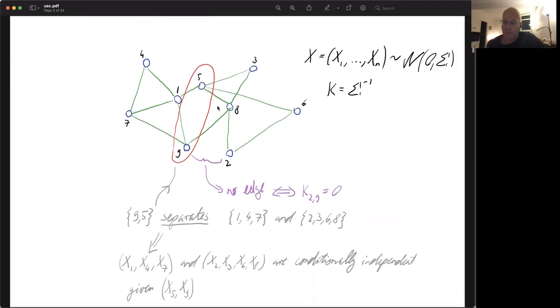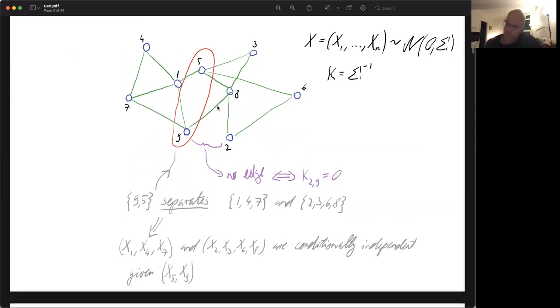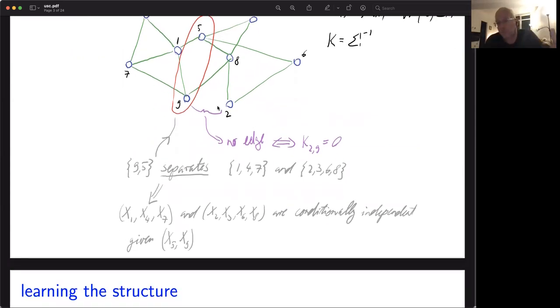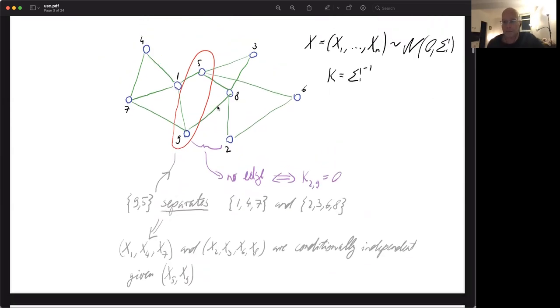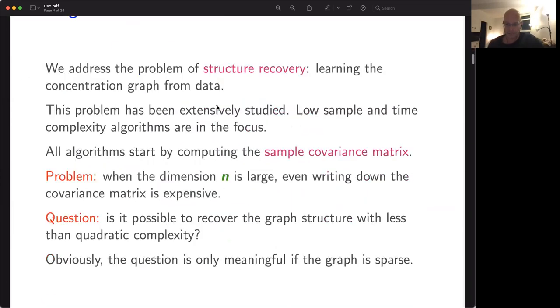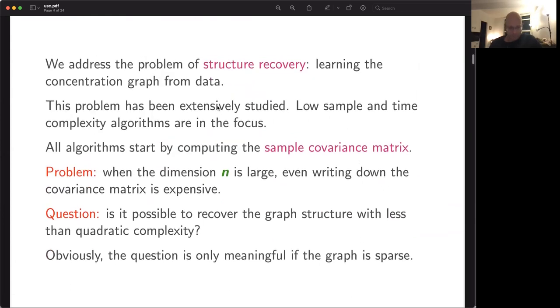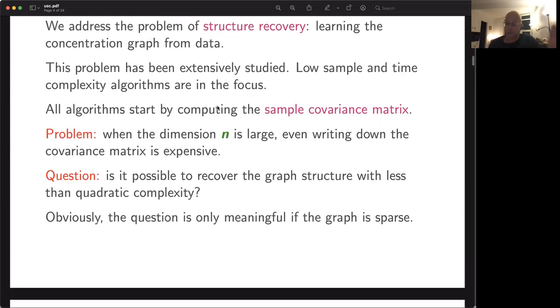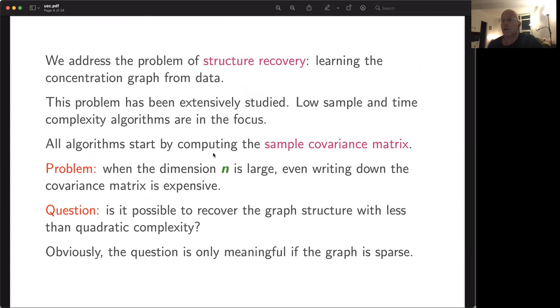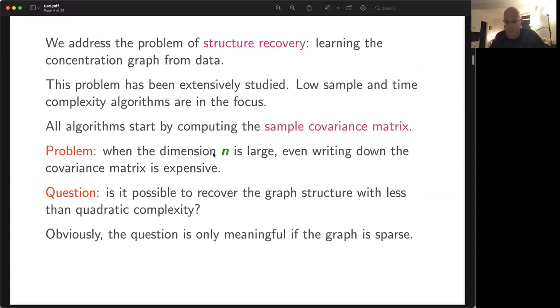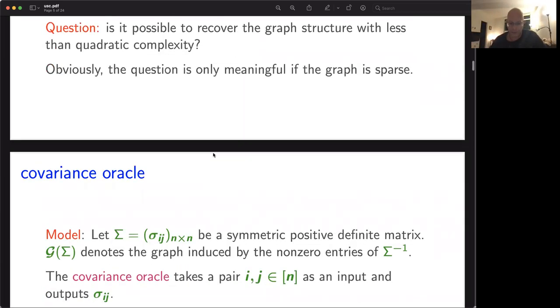So if you only want to do linear regression, then graphical models are useful no matter what. Of course for Gaussians, the best regression function is linear. So of course this whole question of trying to find the structure in subquadratic time is only meaningful if the graph already has a subquadratic number of edges. So it has to be sparse.